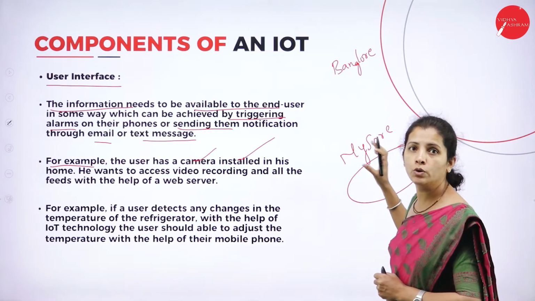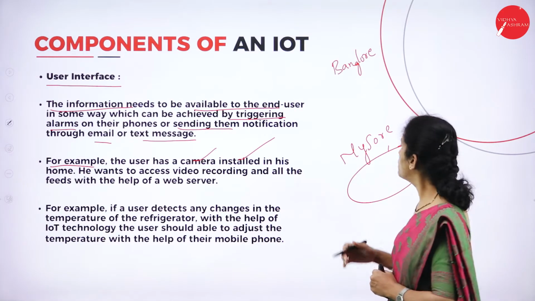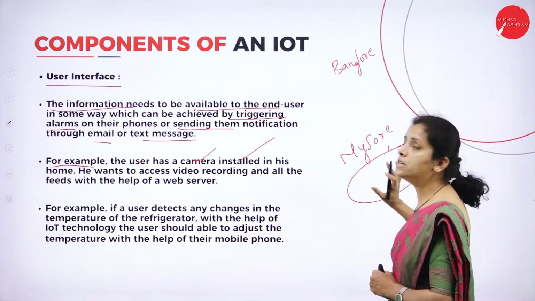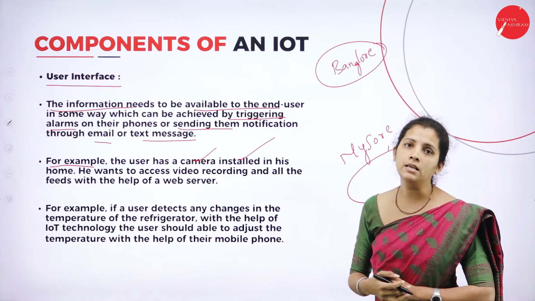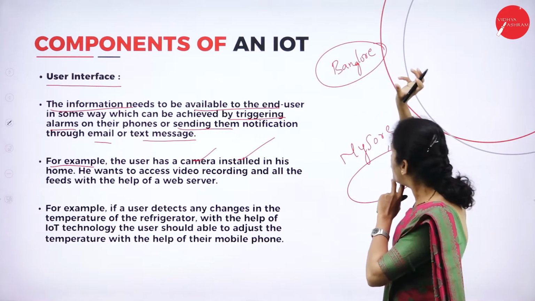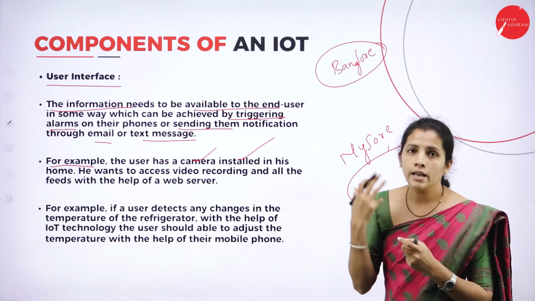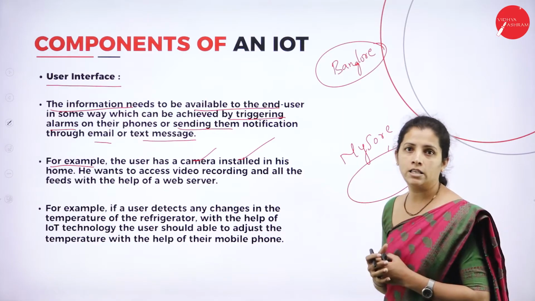So what am I going to do? I'm going to fix a camera and control all these cameras from Bangalore. How? I'm going to connect this camera to my cell phone from Bangalore. I can see or check all the activity.